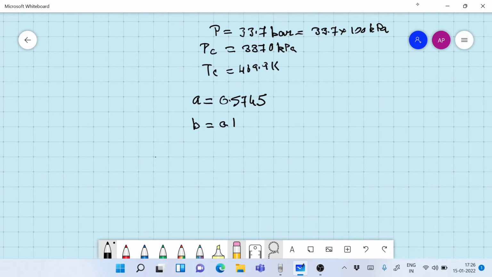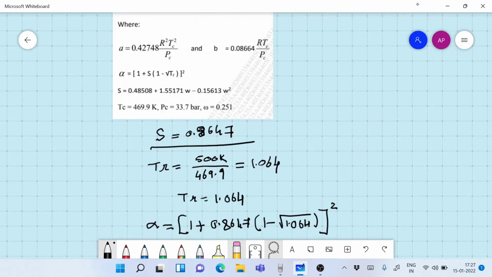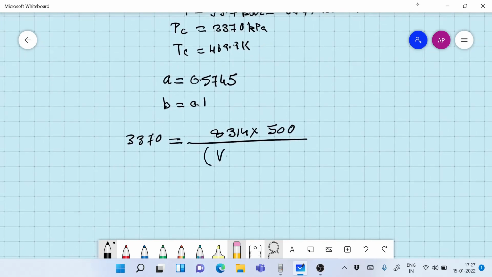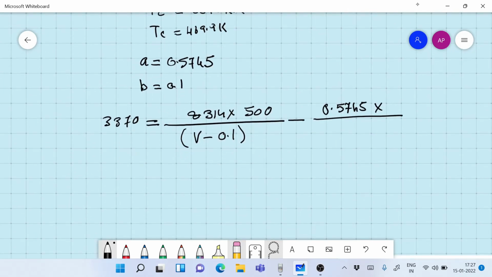So our pressure is 3370, equal to 8.314 into the temperature, which is 500 Kelvin, and the volume is of course V minus B, that is V minus 0.1, minus A, that is 0.5745 into alpha, which is 0.9462, with a decimal here.